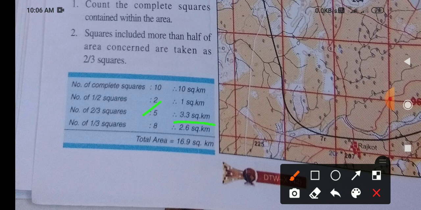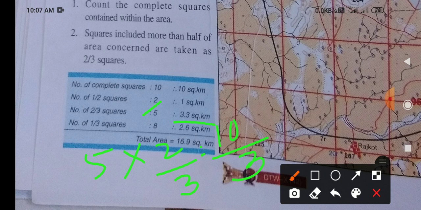You have to make 5 into 2/3, and you will see it becomes 10 divided by 3. If you go on calculating, it becomes 3.3 square kilometer area.